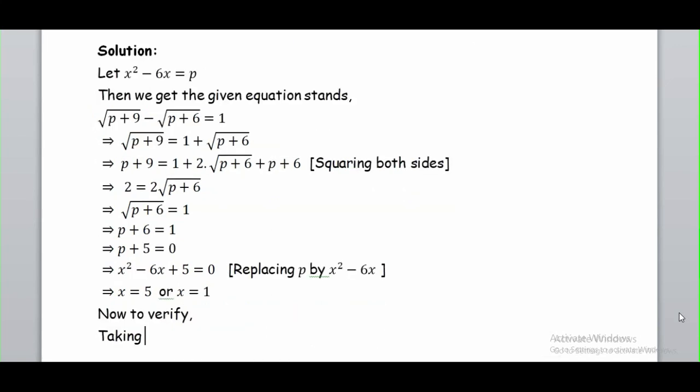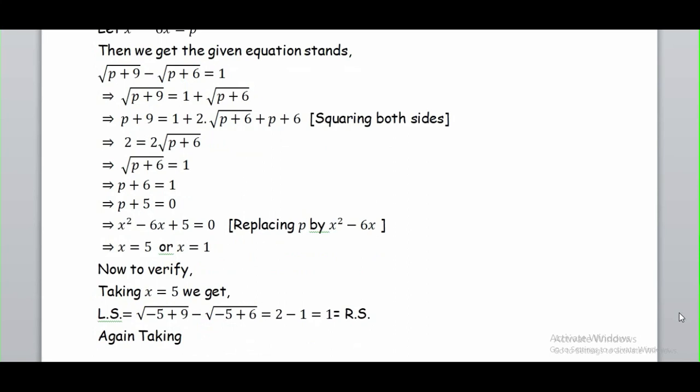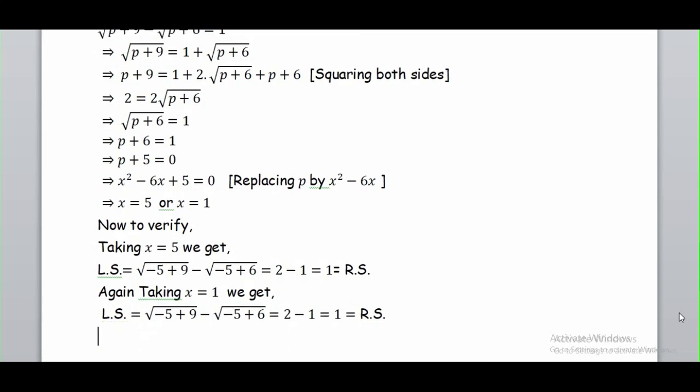Now to verify the result, you can use x equal to 5, and left hand side will be 1, and if we take 1, then also left hand side equals right hand side. Therefore both values of x are taken as solution. Therefore x equal to 5 or 1.